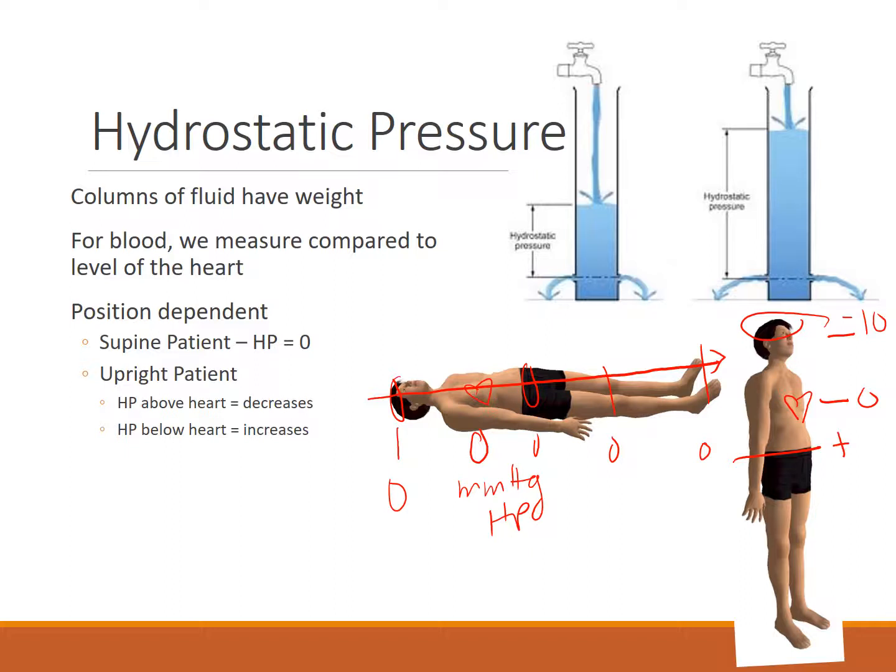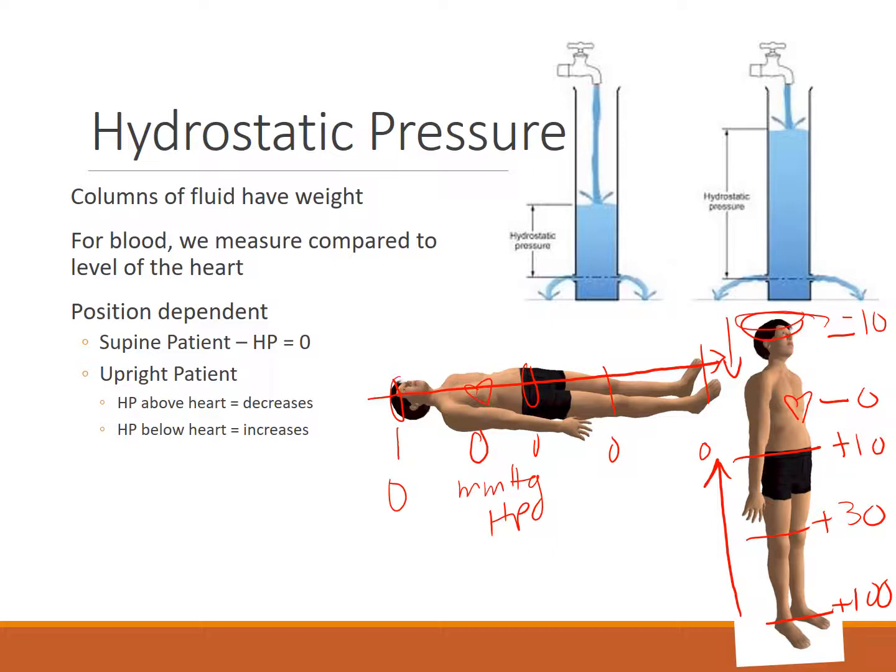So maybe this is a positive 10, positive 30, and a positive 100. Pressures are going to increase as we get down towards the feet because there is more weight stacked upon itself, and they are going to decrease the further we get away from the heart going up because there's even less blood stacked upon itself.